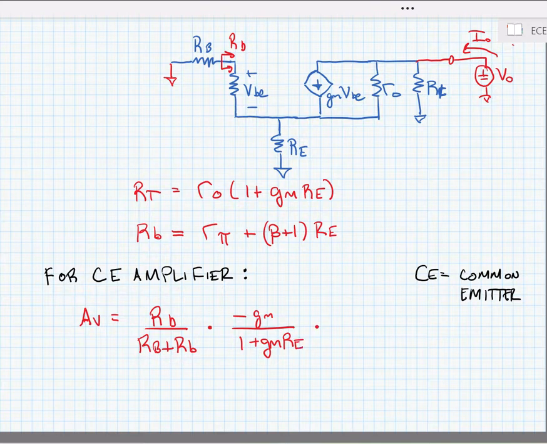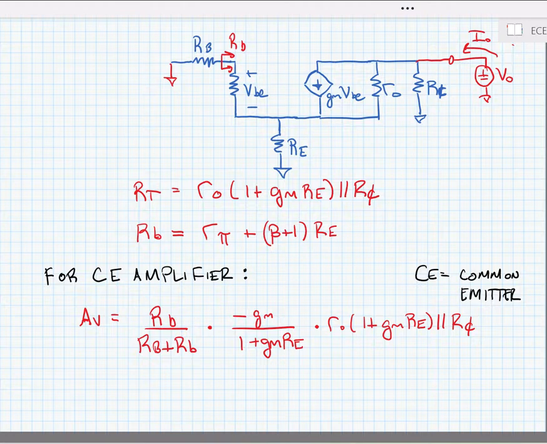And we have our total resistance. And note here the total resistance, I forgot to include the R cent sign.